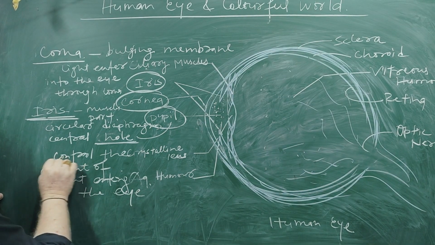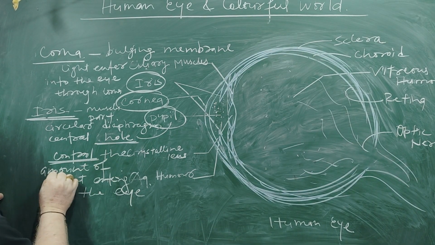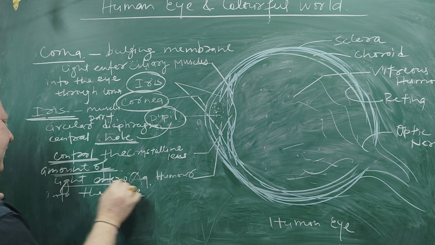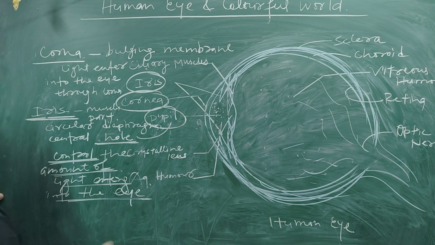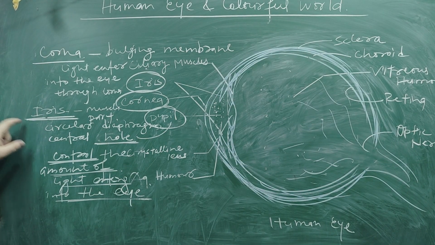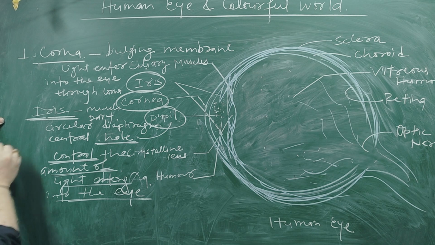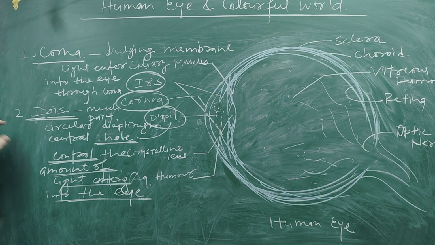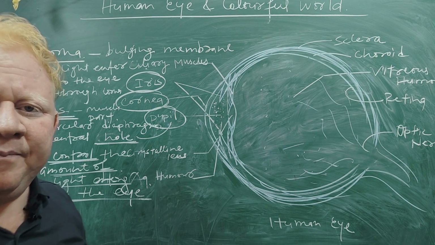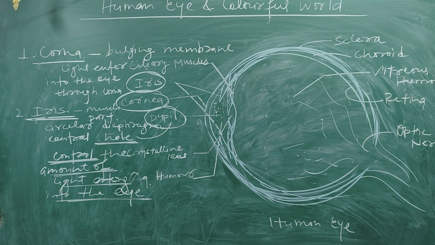This is the main function of the iris. So number 1 we have discussed cornea, and number 2 we are discussing iris. Clear? I hope it is clear to all.